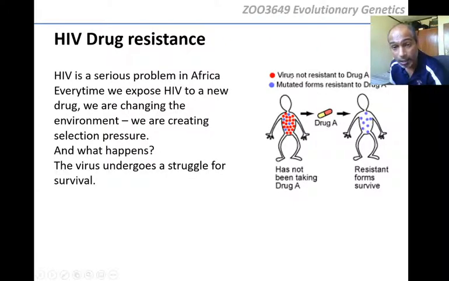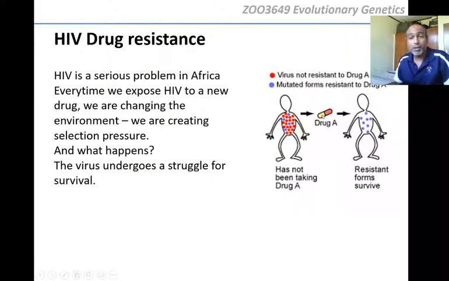Here's an individual which has HIV. Inside, you see it has red copies of HIV and blue copies of HIV. Okay? You give this one drug A. Now, the virus, what happens? You've changed the environment in this body. Here's the environment without the drug. Here's the environment with the drug.